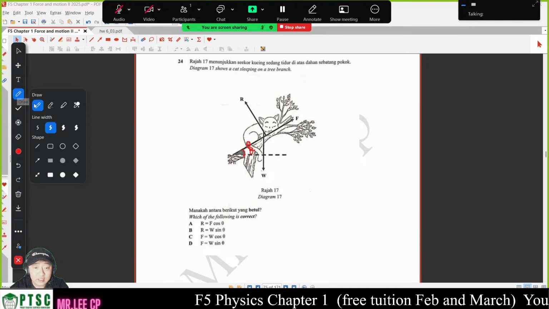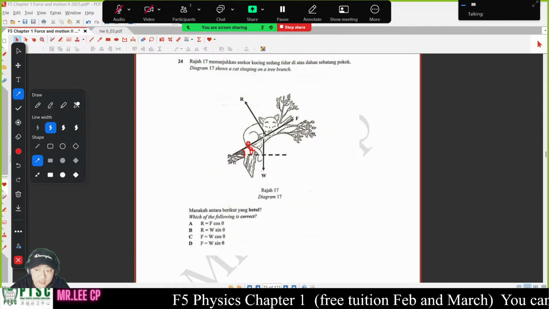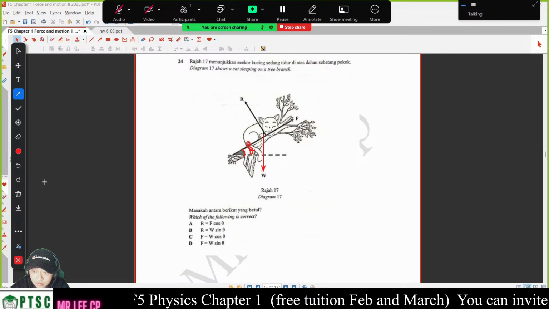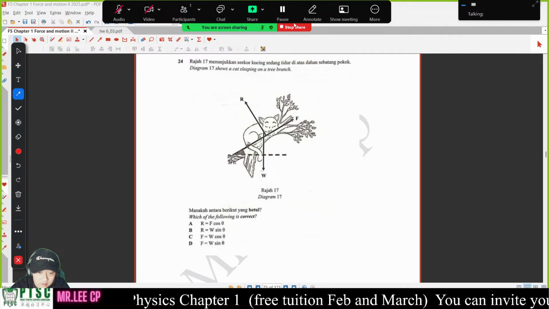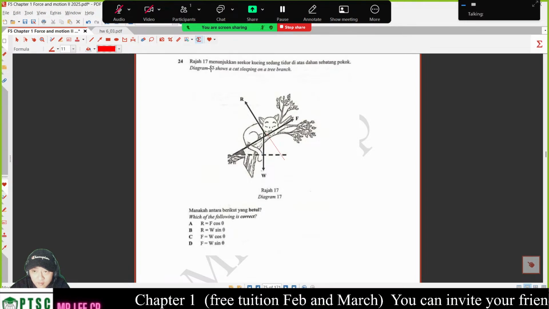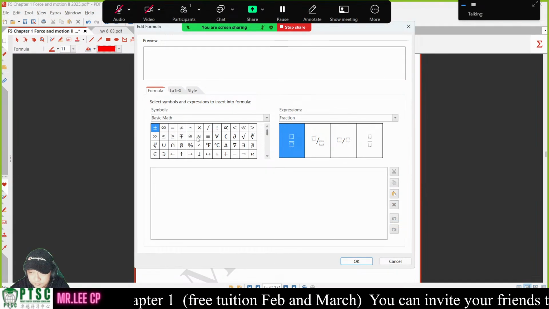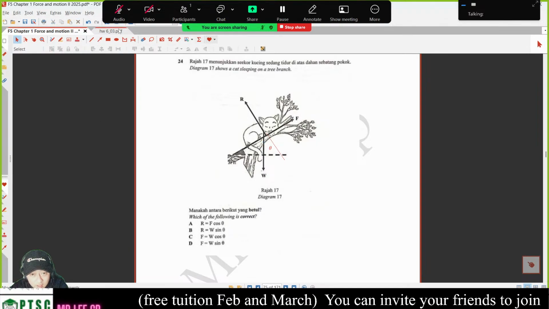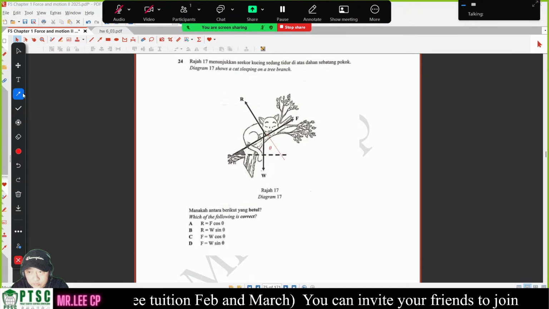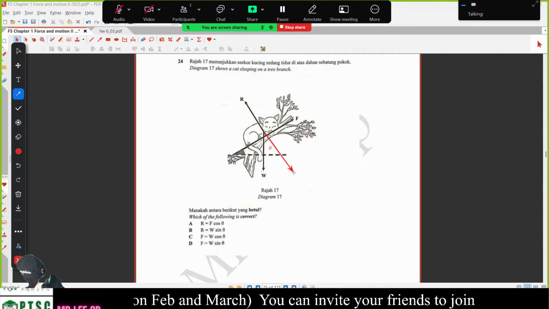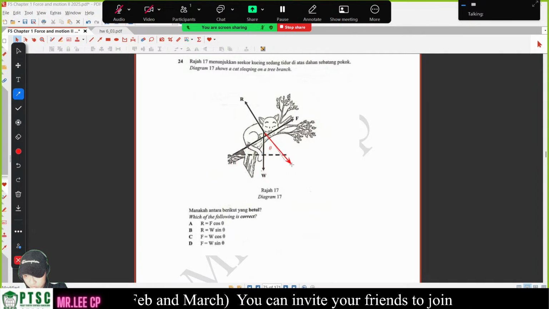Alright? So now what happened is, W, I bring to here. I haven't labeled this yet. This is theta. Okay. W, bring to here. Right? W touching theta.